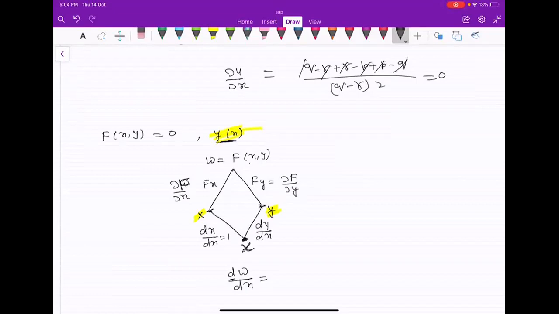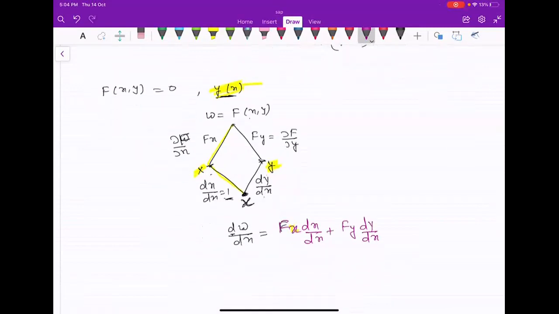Okay, so dx over dx is 1, and dy dx is the derivative of y with respect to x only. So dw over dx will be what? Now first we will go this way: f_x and dx by dx, so f_x times dx over dx plus f_y dy over dx.